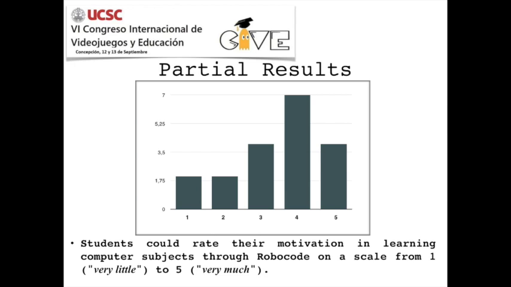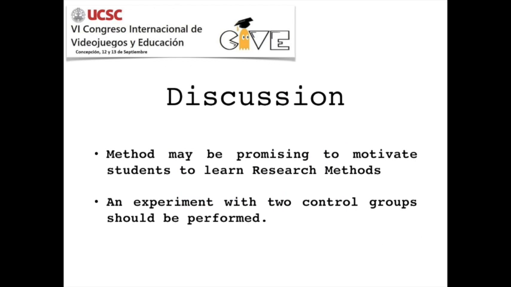We applied a little survey. Students could rate their motivation for learning computer science subjects through RoboCode on a scale from 1, very little, to 5, very much. As we can see in the graph, most students gave good feedback. Most students seemed excited about the proposed approach.